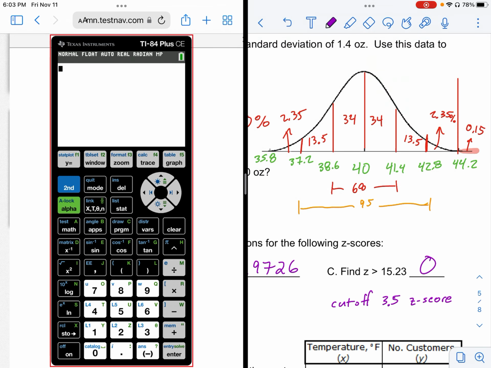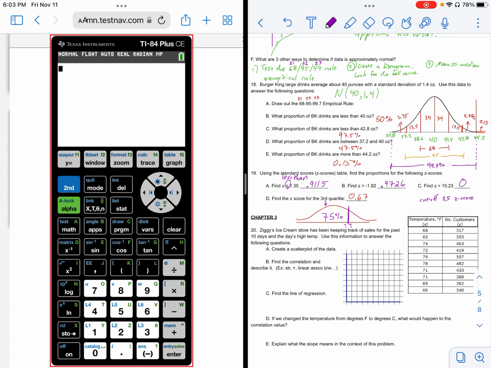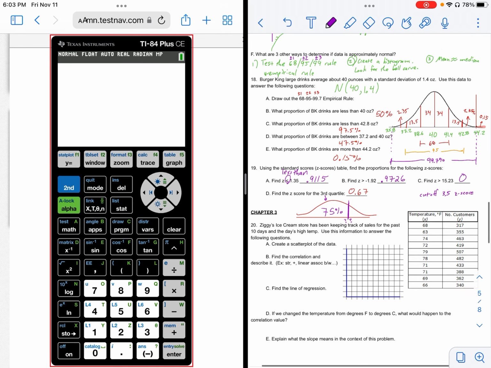So, meaning if you go from here to here, that's 3 standard deviations down or up. 99.7% of the data will be inside that range. So, I just wanted to kind of clean that up a little bit.